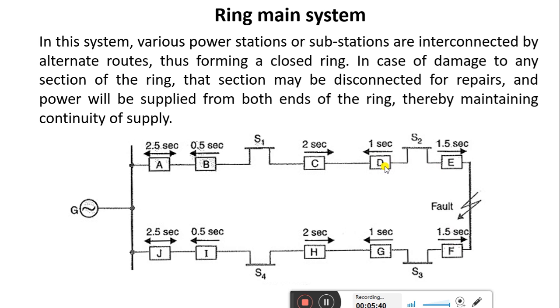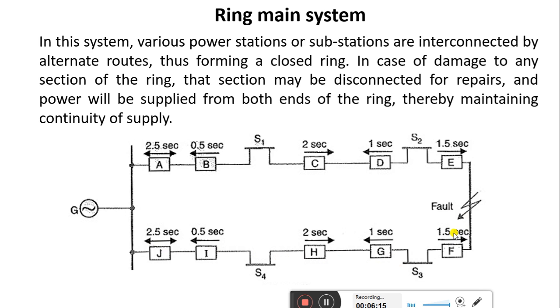Then D is given 1 second. And finally B has been given a time setting of 0.5 seconds. So we see that whether we move from the generator through the top feeder or through the bottom feeder, in each direction the time setting is in decreasing order for the relays.